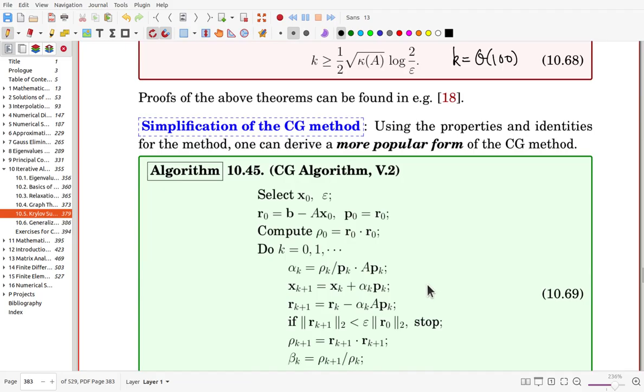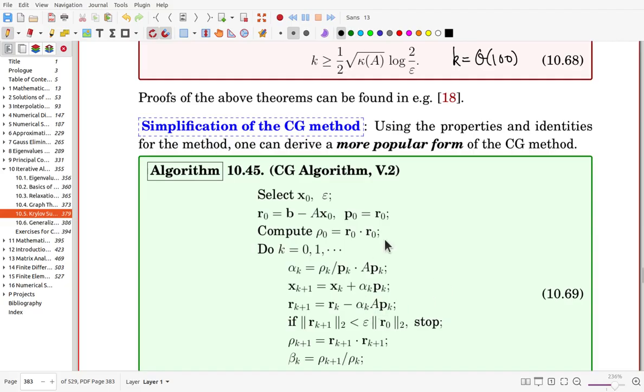Okay, we can simplify the conjugate gradient method using the properties and identities for the method. We can derive a more popular form of the conjugate gradient method. It's slightly faster, about 5 to 10% faster.